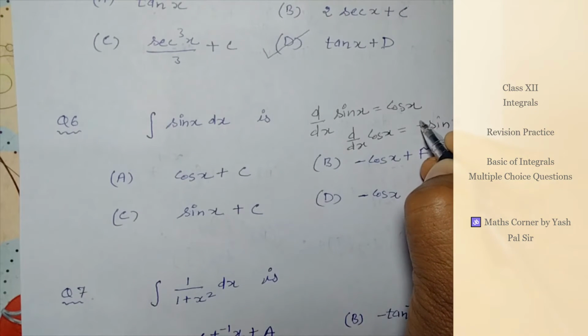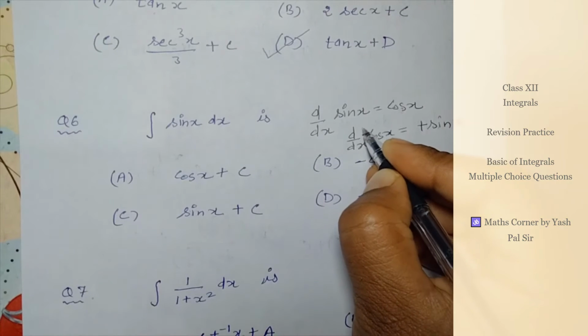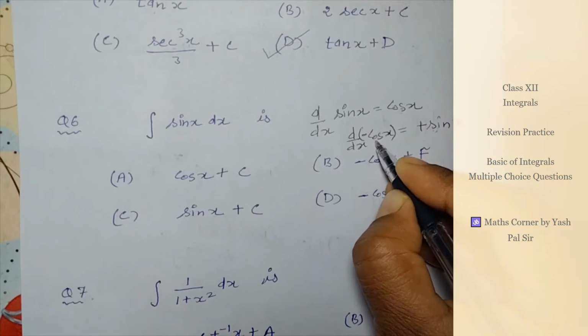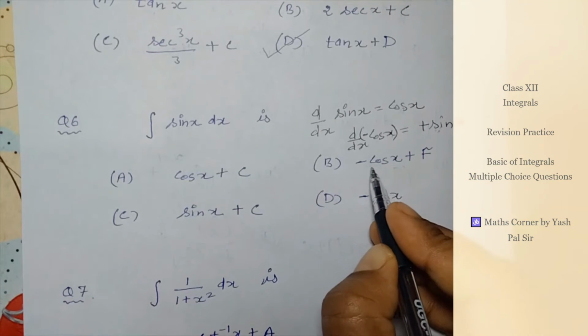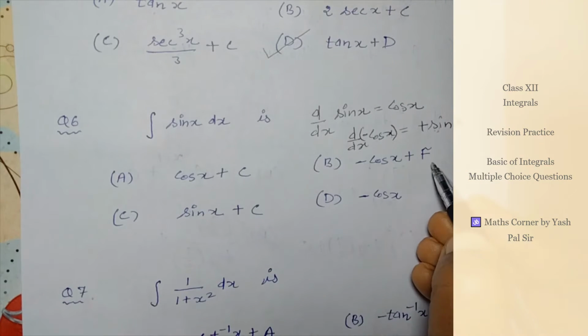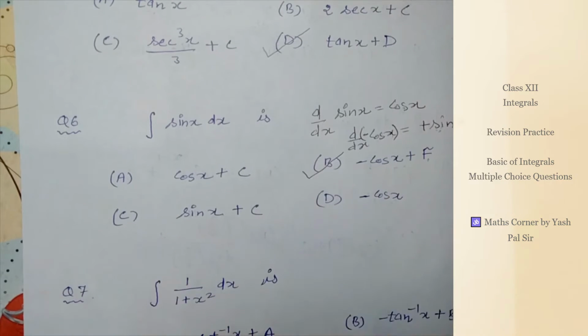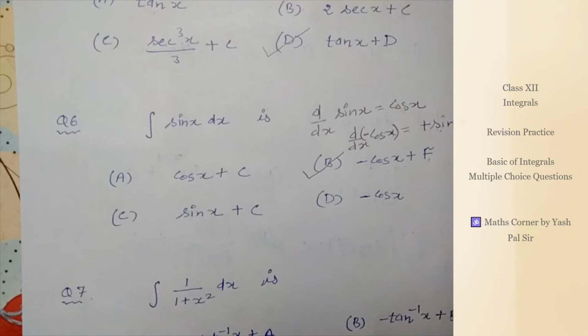So if we take here plus sign, then this becomes minus. So integration of sin of x is minus cos x. So minus cos x plus the constant of integration should be there. Here in place of c, the constant of integration is written as f. Option number B is the right choice.